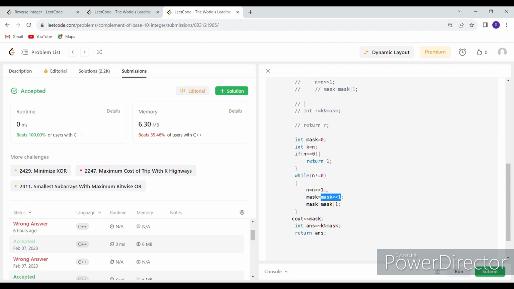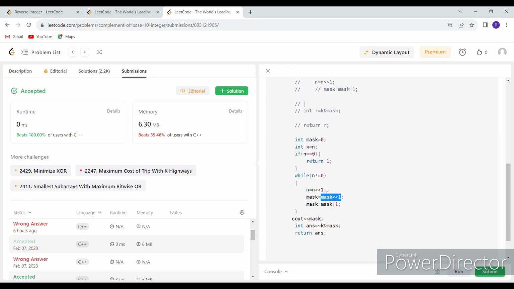If there are three bits, that is 101, then again it will check n not equal to 0. Again the mask will be left shifted by 1, so I'll get a 0 towards the right-hand side. That 0 I OR with 1, so I'll again get a 1. So I'll get three ones for 101.